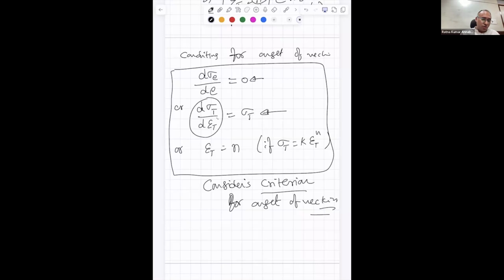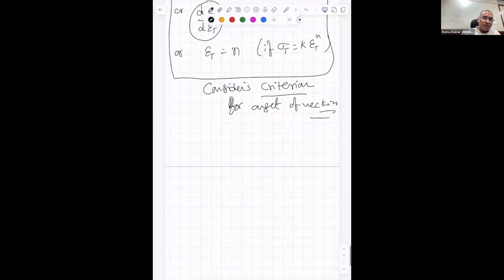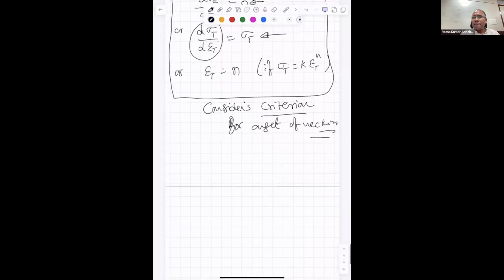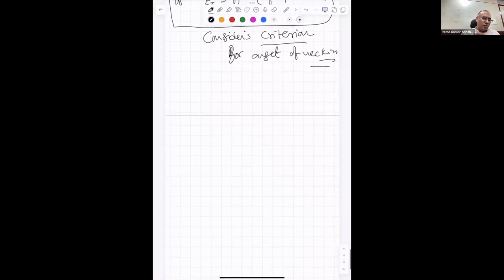So in this class, we have learned all about the tension test and the uniaxial tension test curve, followed by measurement of the mechanical properties and how you characterize necking in a plastically deforming material, and other properties like resilience, toughness, elastic modulus, yield strength, how to measure them given tension test stress strain data, and how you write the relationship between engineering quantities and true quantities.